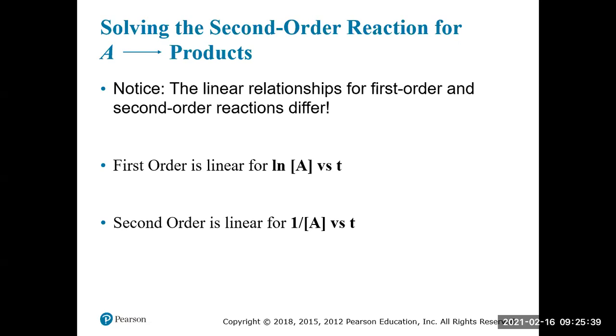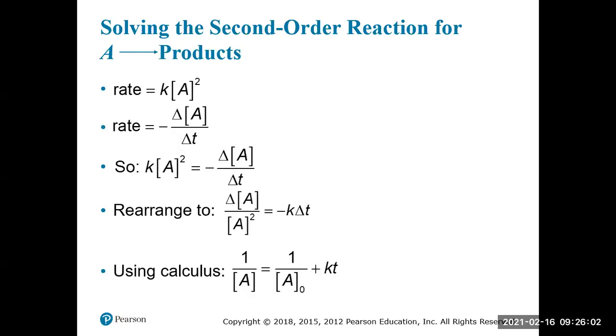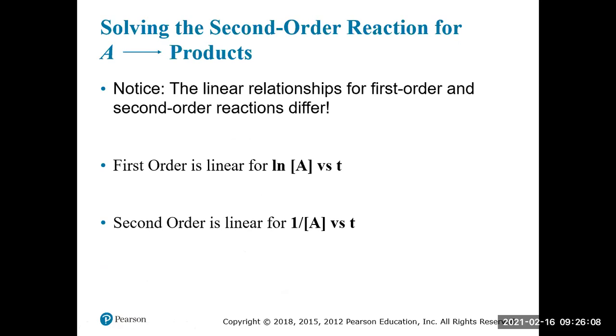If it's not linear, then you don't have a second order reaction. So like I said, being able to rearrange these relationships in a way that gives you what should be a linear plot is a real nice, straightforward way to see what order your reaction is, and also to figure out that rate constant. Because remember, from the slope of the line, if it is linear, we then get the rate constant off that information.